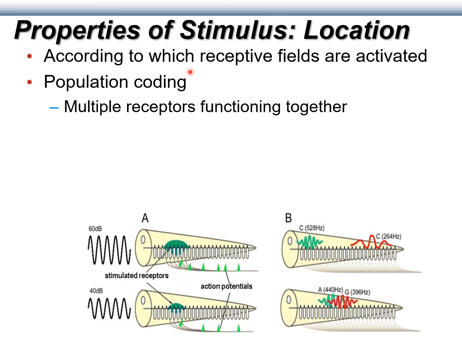Let me give you a simple example of population coding to look at in the ear. And again, this one's for intensity, not location, but I'll get to location in just a moment. If we have a very quiet sound, only a certain subset of the total population of neurons is going to fire. But as I raise the intensity of my voice, there's more energy in the sound waves and more receptors in that particular field are activated simultaneously.